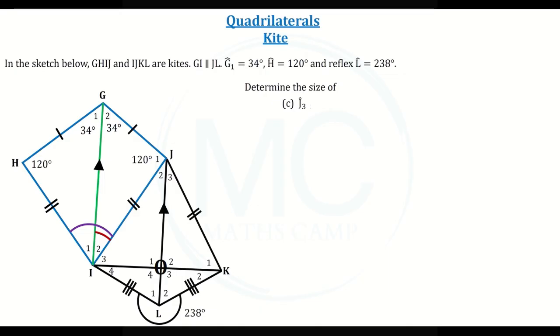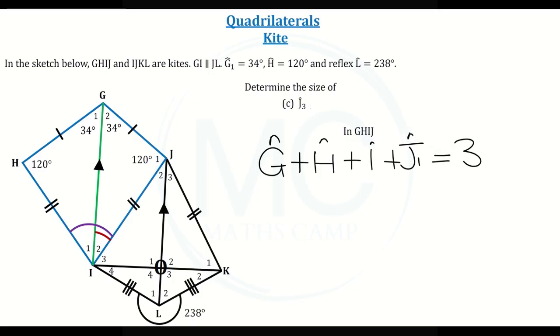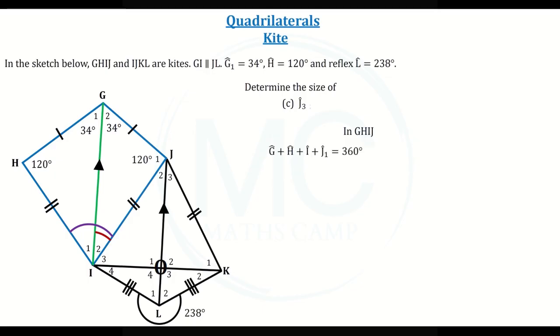And we can use this to find the size of the whole of angle I. So we can say in GHIJ, the size of angle G plus angle H plus angle I plus angle J1 gives us a total of 360 degrees. And as our reason, this is because these are the interior angles of a quadrilateral.